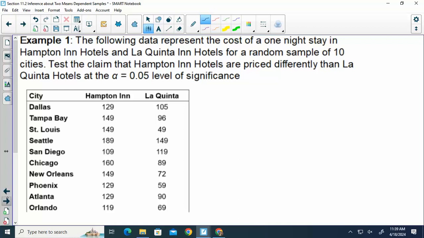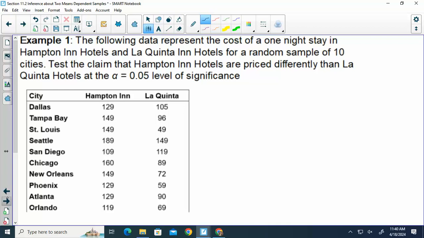So if I'm looking at this one, the following data represent the cost of a one-night stay in Hampton Inn Hotels and La Quinta Inn Hotels for a random sample of 10 cities. Test the claim that Hampton Inn Hotels are priced differently than La Quinta hotels at the alpha equals 0.05 level of significance.